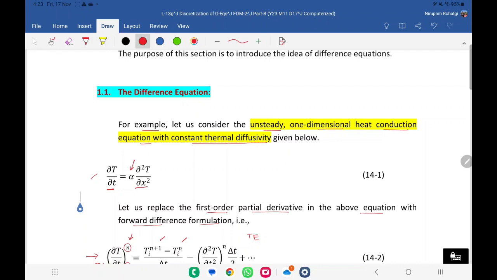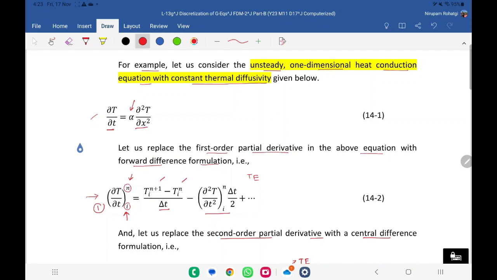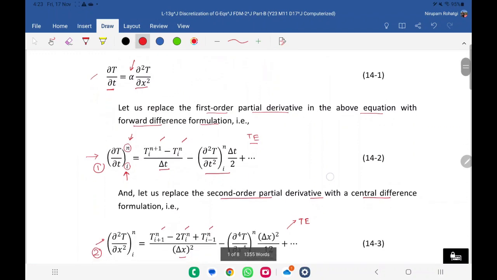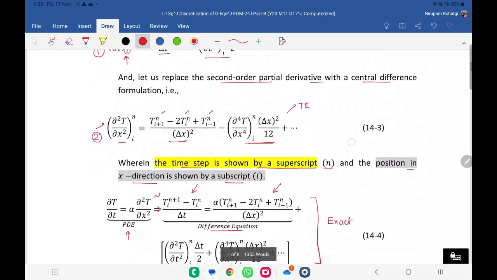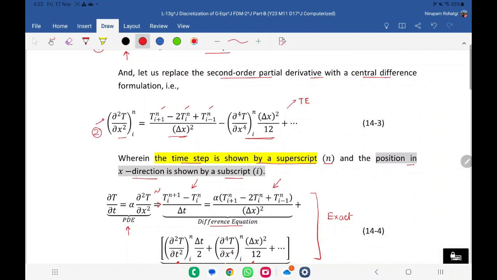When we discretize the first term, we use the forward difference method, and in the forward difference method, this is the truncation error. Then for the second term, we used the central difference method, and this is the truncation error. And simply what we are doing is substituting both these expressions into the equation.